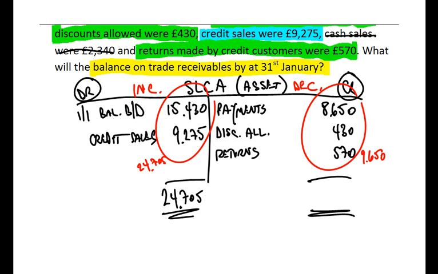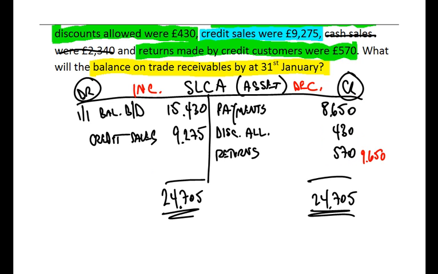So if I put that on both sides, 24,705. So I always think of a T account like a set of scales, and the two sides have to have the same total for the scales to balance. Now, the debit side does equal 24,705, so that's fine. The credit side didn't equal 24,705, so I now need to identify what's called the balancing figure.